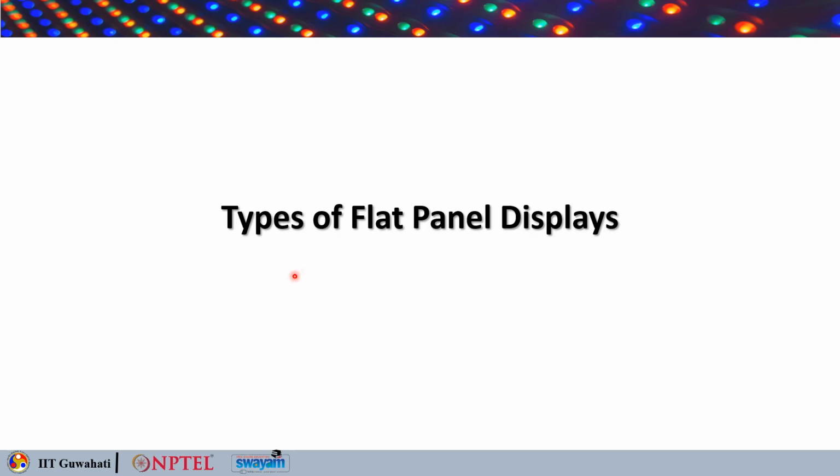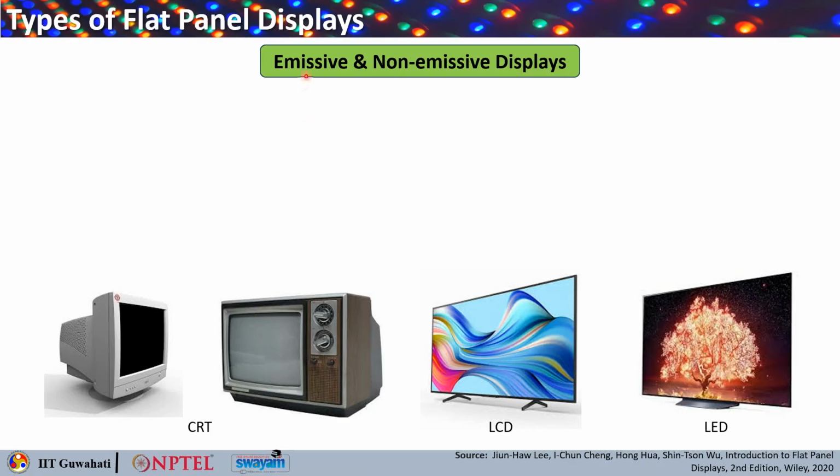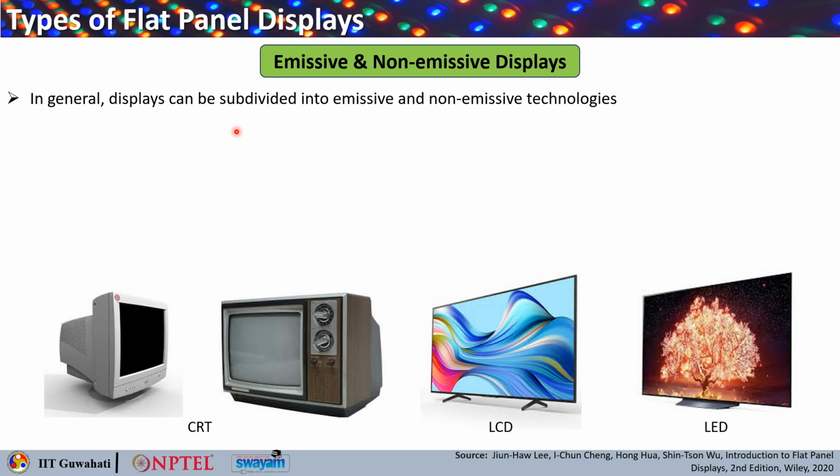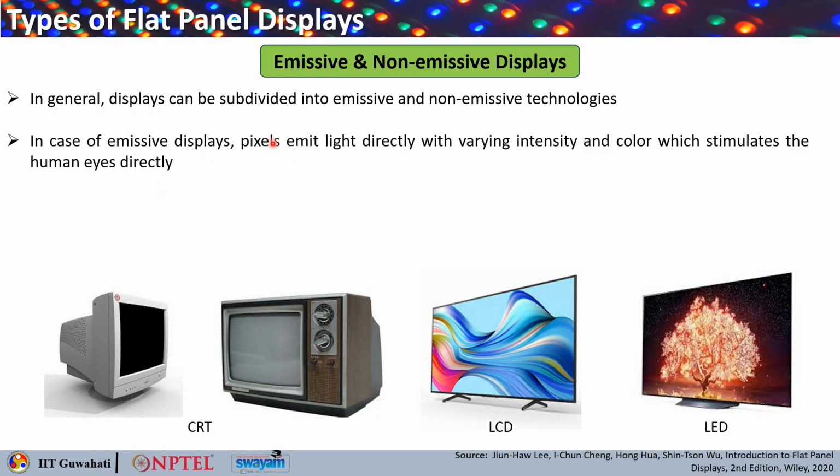With that, we will now look into different types of flat panel displays. If you try to put them in two categories, you can divide them into emissive and non-emissive types. The emissive one means that the display elements, the pixels, are emitting light on their own, and non-emissive, as you can understand, do not have their own light source built in. In emissive displays, the pixels emit light directly with varying intensity and color, so that it can stimulate human eyes directly.